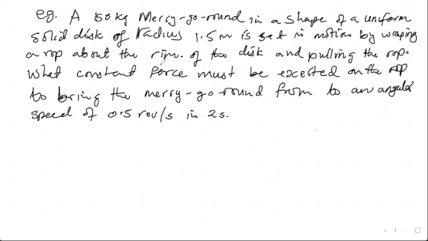Okay, let's say: what constant force must be exerted on the rope to bring the merry-go-round from rest to an angular speed of 0.5 revolutions per second.